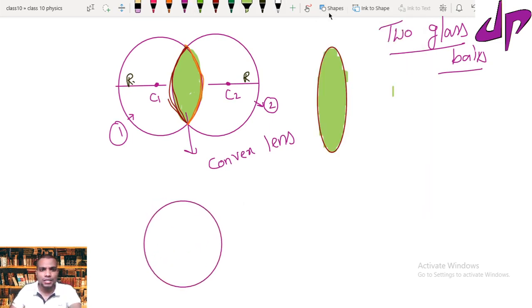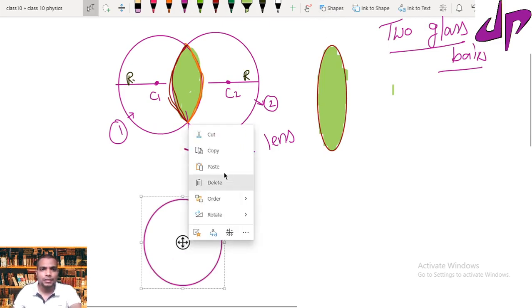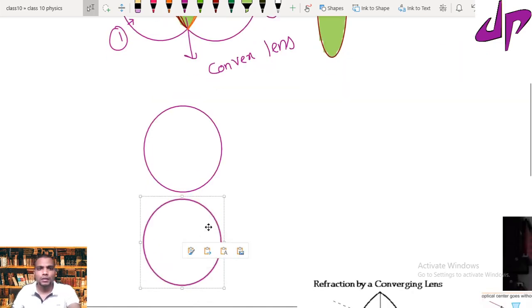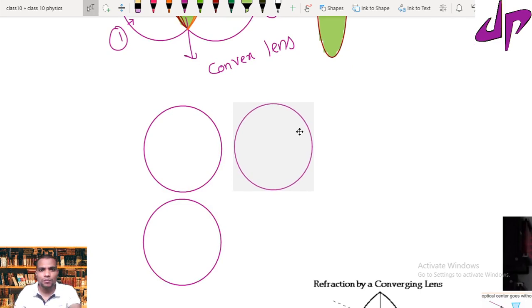So this is a circle. If you can take this as one more circle, and to make a concave lens, this time we need to keep a certain distance.